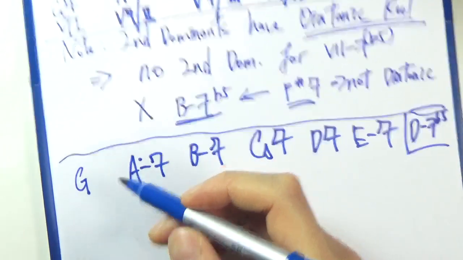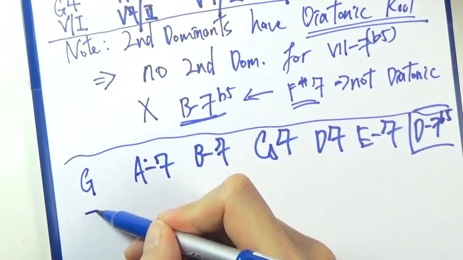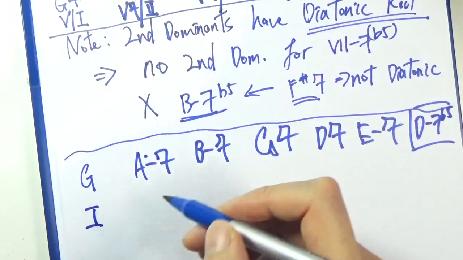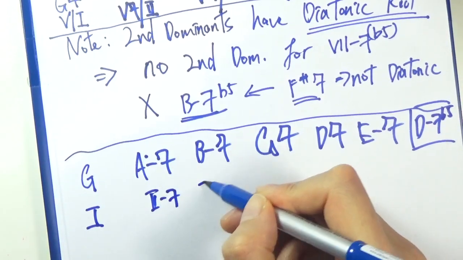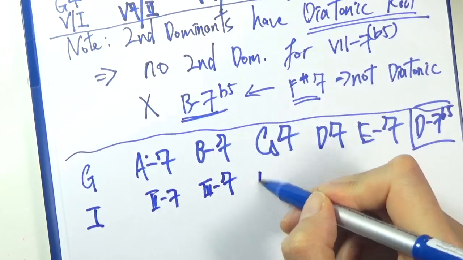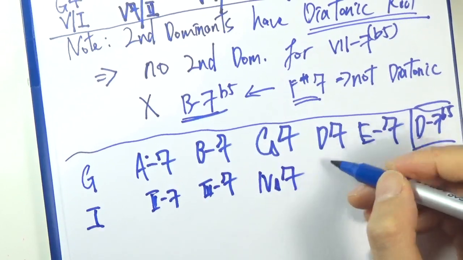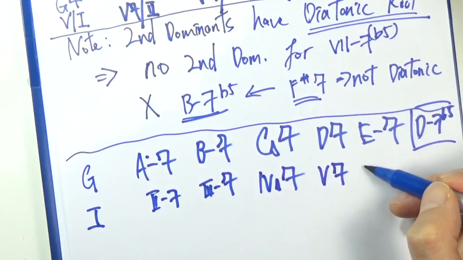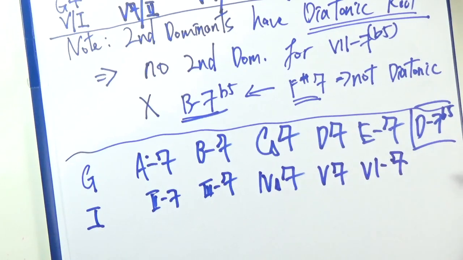All right, so G, that's our 1 chord, 2 minor 7, 3 minor 7, 4 major 7, 5 dominant 7, 6 minor 7.